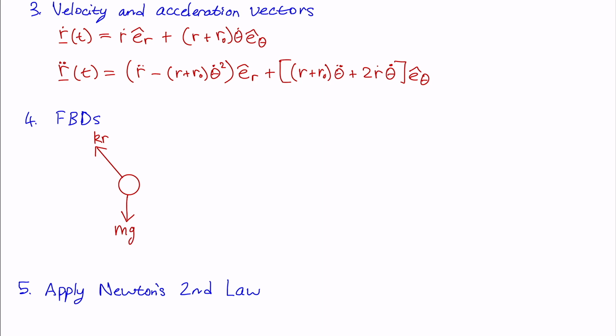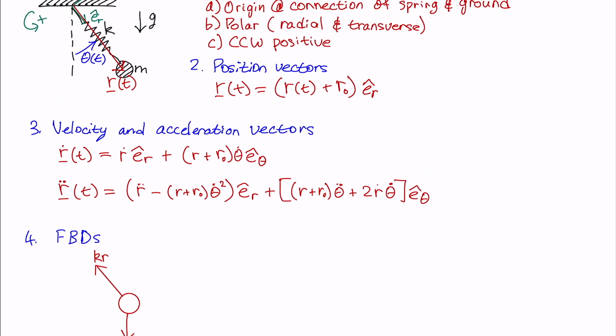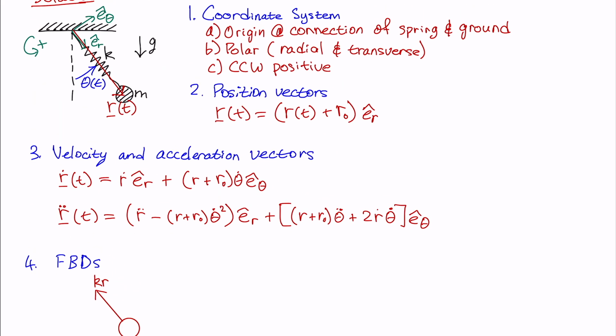You have a choice of breaking either the spring force down or the gravitational force down. We want to go back and look at the coordinate system we've chosen to analyze the problem. In this case, it is a polar coordinate system, and we want to work with all of our forces in this coordinate system.